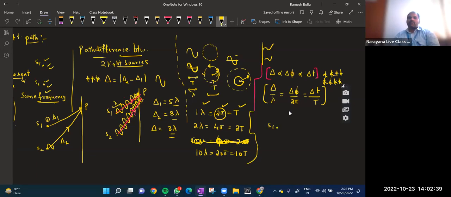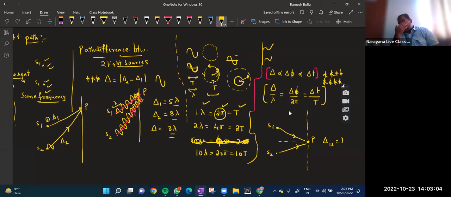This is one source of light S1, this is another source of light S2. Here one midpoint P is there. Find the path difference between the two light waves reaching point P. All are coherent sources; throughout wave optics, we will use only coherent sources. Zero, very good.